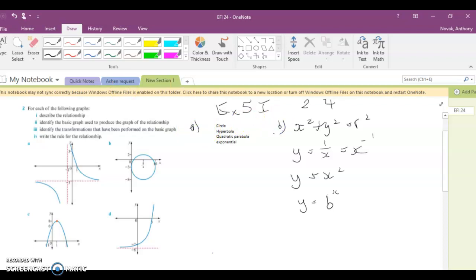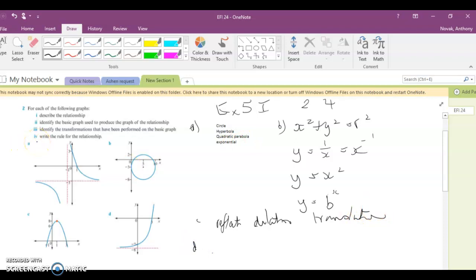Part C of this, identify the transformation that has taken place. Well, obviously they're asking you, do you recognize reflection, dilation, and translation? And for each one of those, you need to do an identification and write the rule.